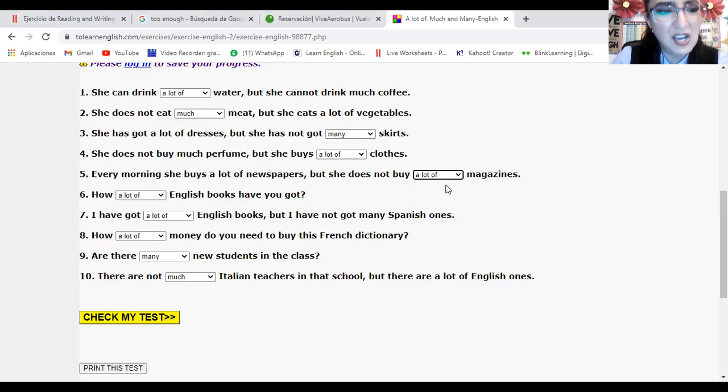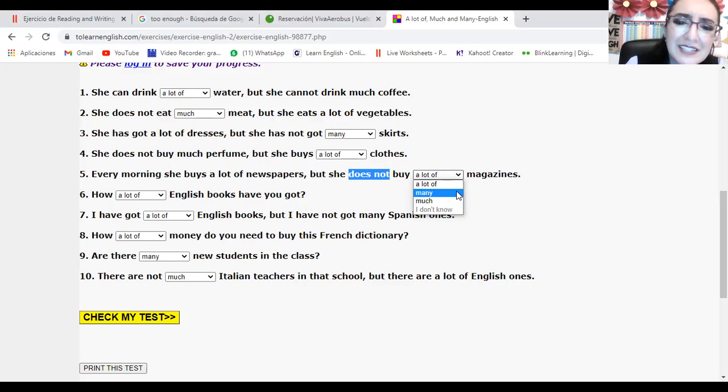It could be a lot or maybe many. We are going to be checking. What do you think? But she does not buy. Remember that with does not, in the negation, we don't use a lot. You need to see if it is going to be many or much.